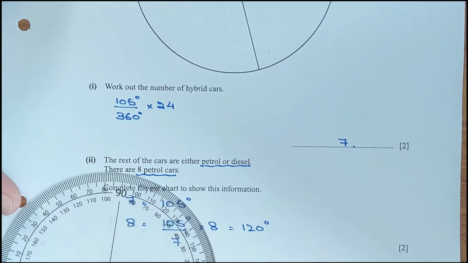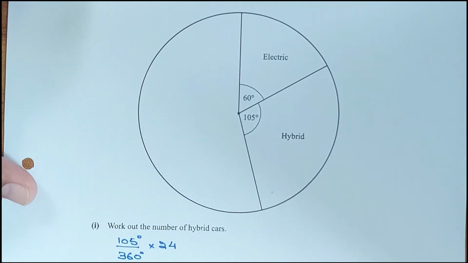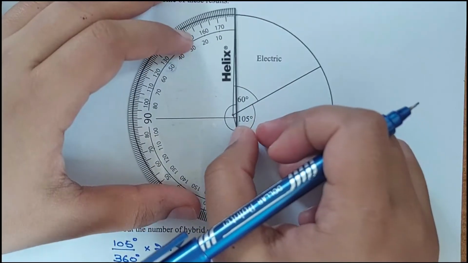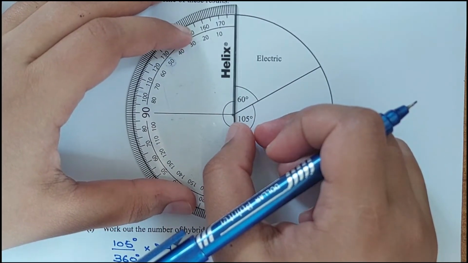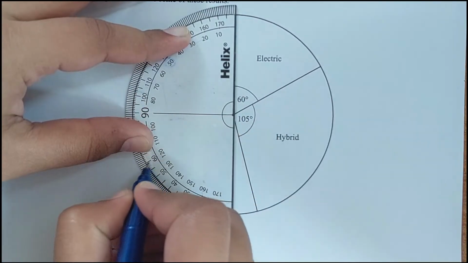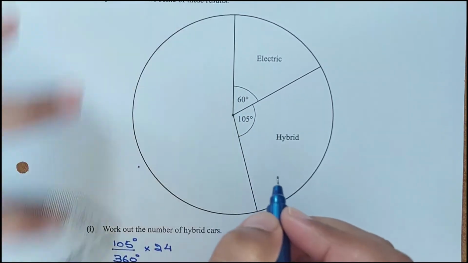So let me complete the pie chart. Let me draw the angle of 120 degrees accurately. So here we have 120 degrees.